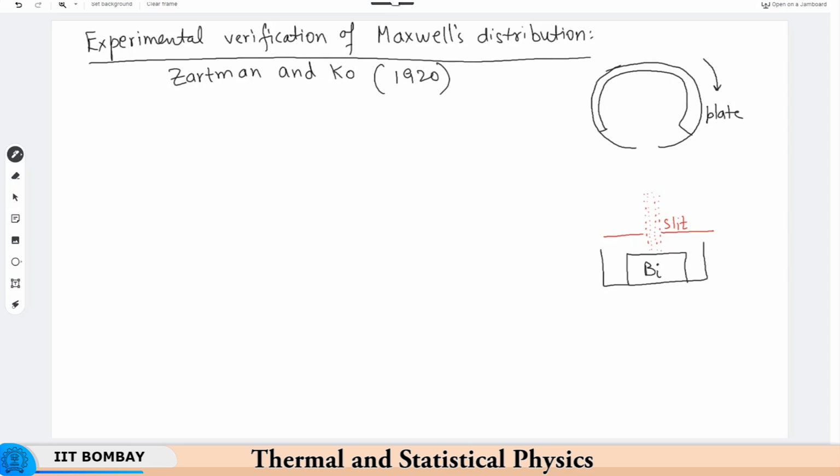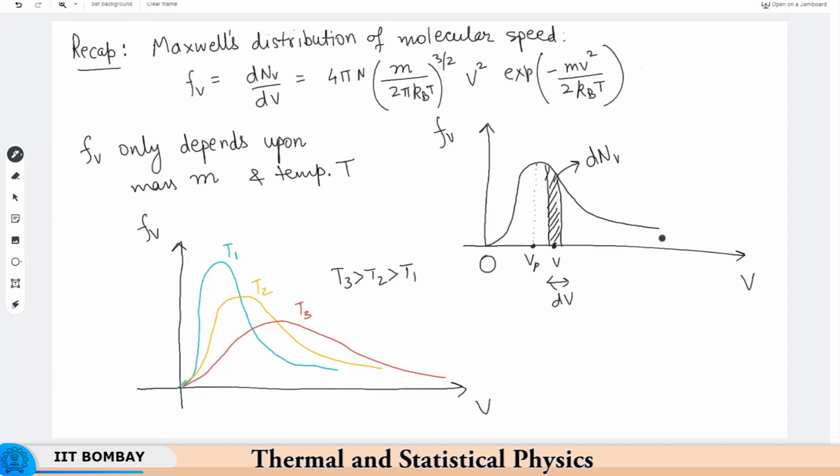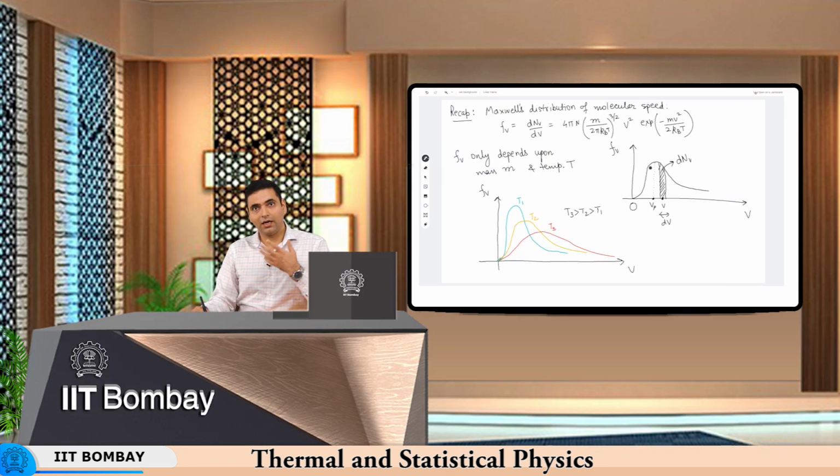Remember the kind of distribution we are dealing with: some molecules are moving really quickly and others relatively slower, but there are a large number of molecules and few molecules which are very, very slow.